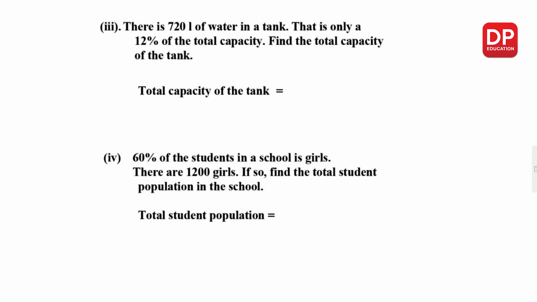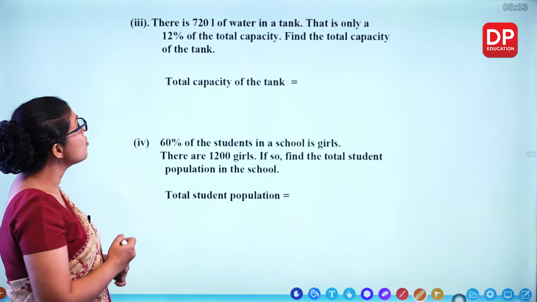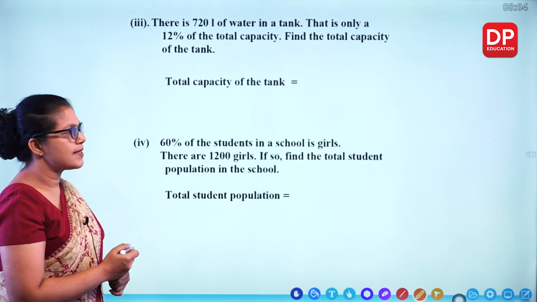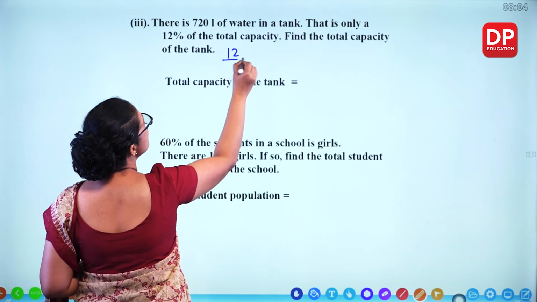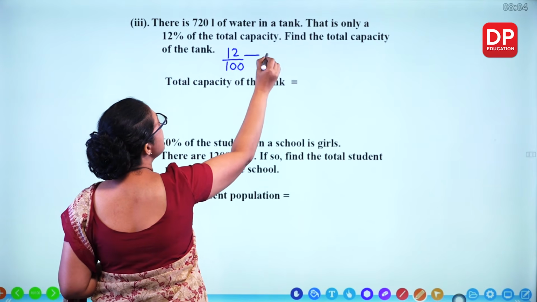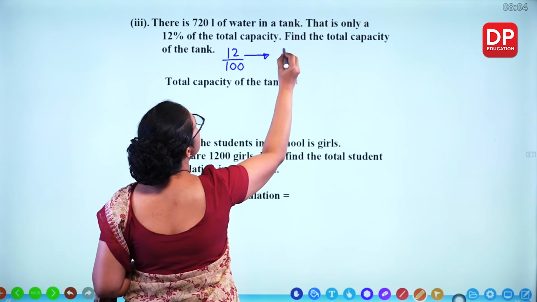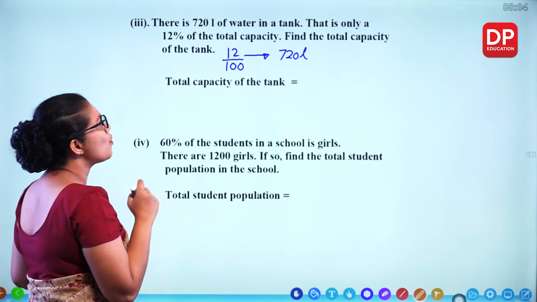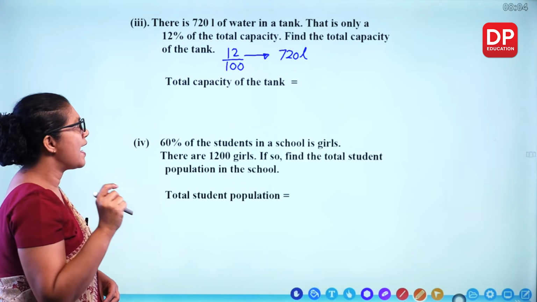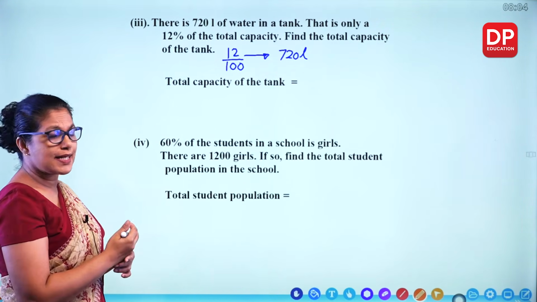There is 720 liters of water in a tank. That is only 12% of the total capacity. So 12% means 12 out of 100 means 720 liters. And you are asked to find out the total capacity of the tank. That means full 100%.